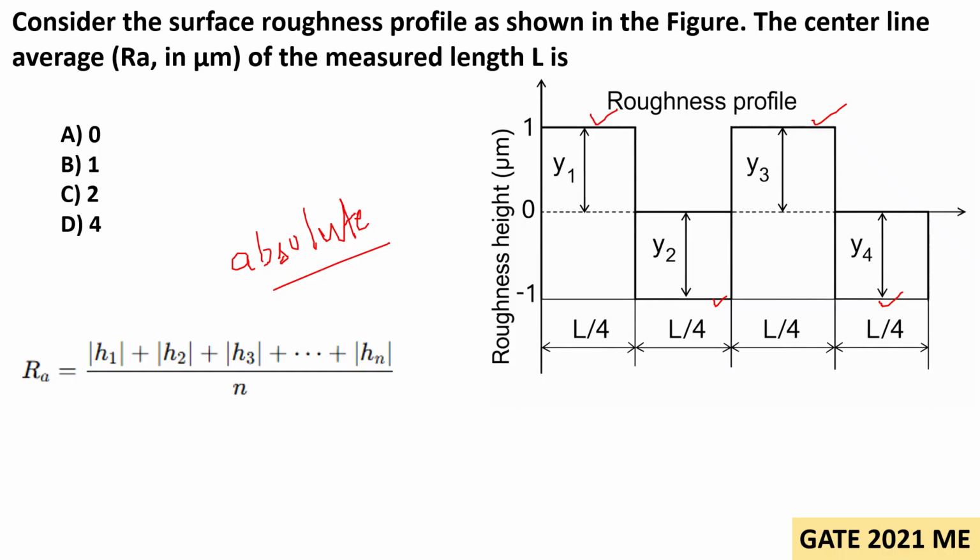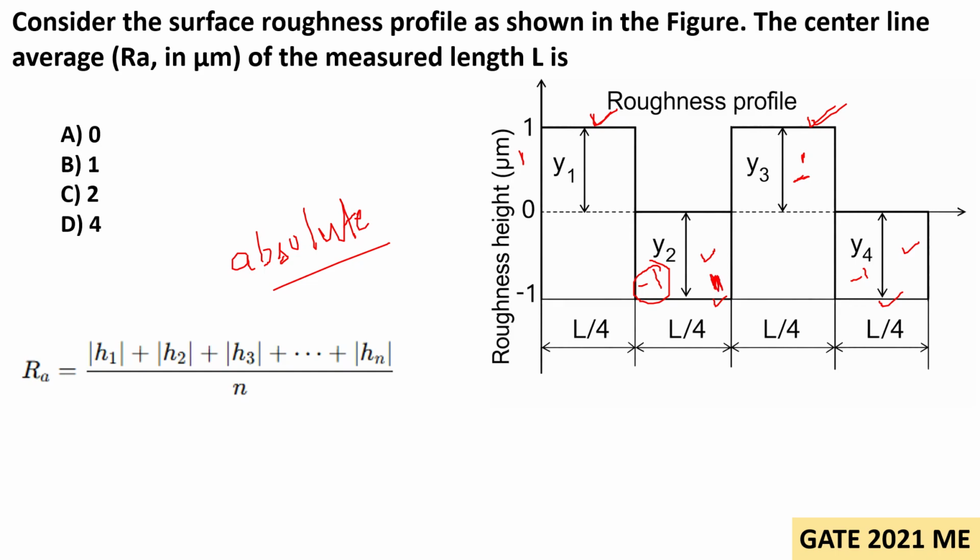Here above the mean line there are 2 irregularities, that is y1 and y3, and the height will become 1 and 1. Similarly, below the mean line there are 2 irregularities, that is y2 and y4, and the height is minus 1 and minus 1, but we have to consider the absolute value.